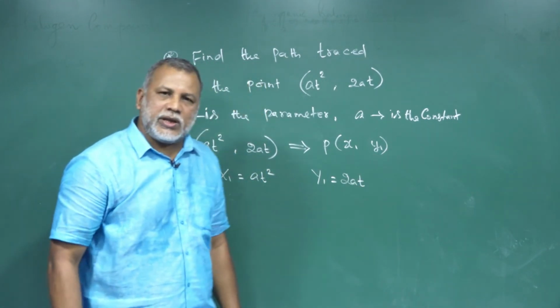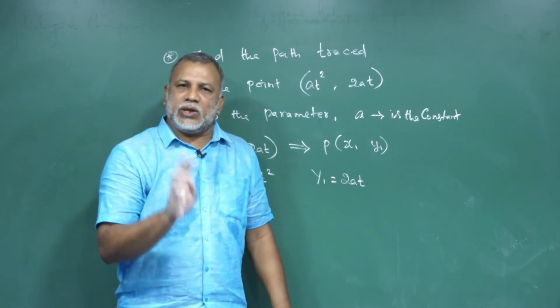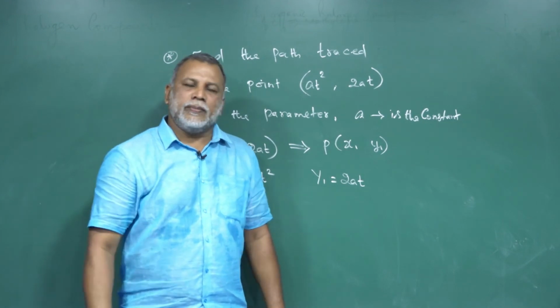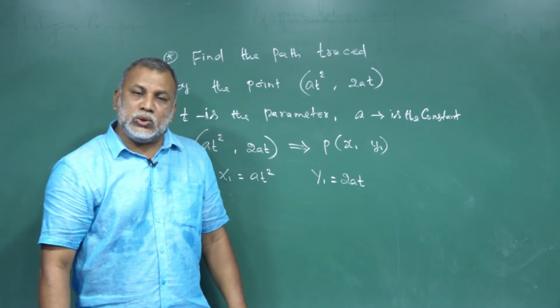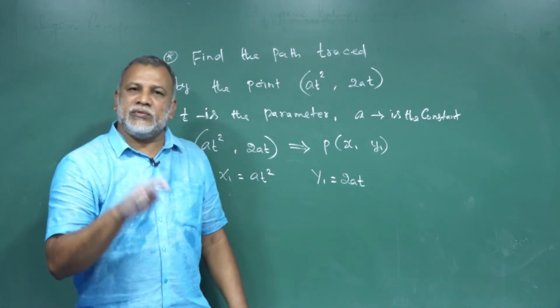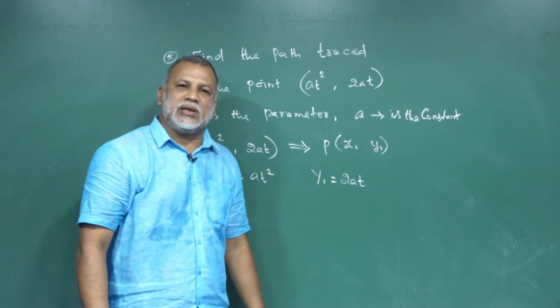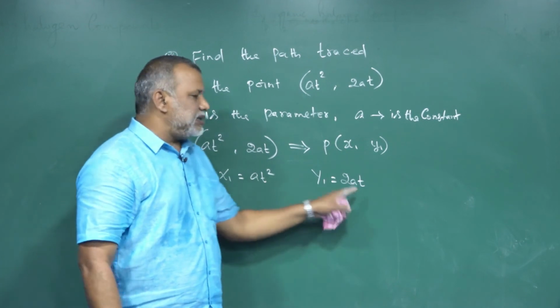In the first question we used trigonometric knowledge, in the second question the trigonometric identity sin squared plus cos squared equal to 1, and in the third one secant squared minus tan squared equal to 1, which is also related to trigonometry. In the fourth one we use t as the parameter. Here also t is the parameter. So our aim is to eliminate the parameter t.